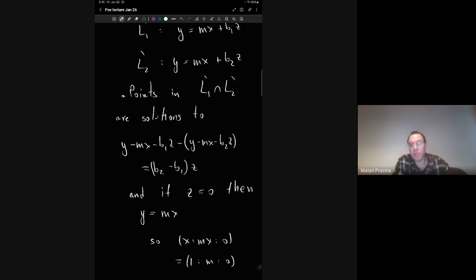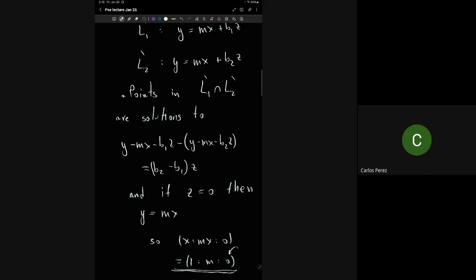So in the projective plane, two parallel lines intersect exactly at one point, which is a non-affine point, right? A point with a 0 z coordinate is a point at infinity. Yes.